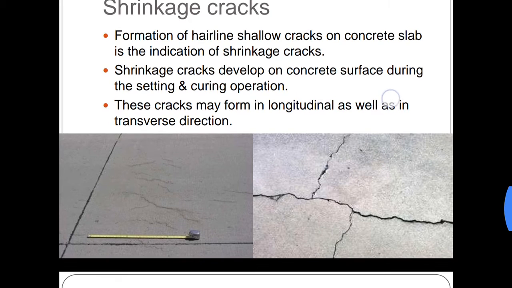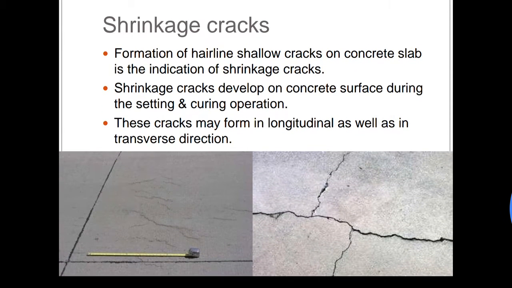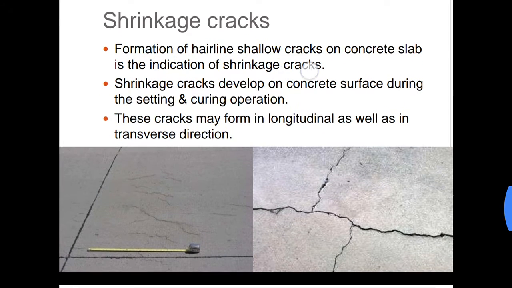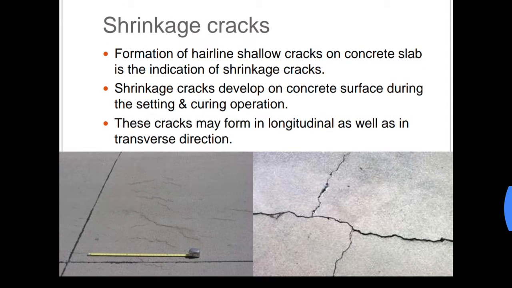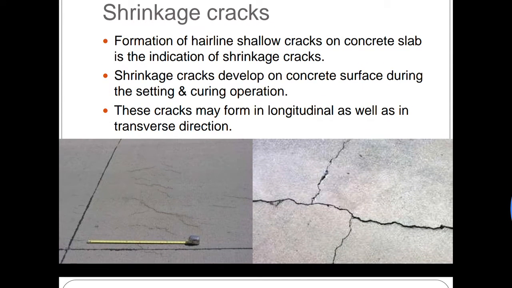Then we have shrinkage cracks. So what are shrinkage cracks? It is the formation of hairline shallow cracks on the concrete slab. So these here are shrinkage cracks which we can see on the surface of the rigid pavement or the concrete roads. Shrinkage cracks develop on concrete surface during the setting and curing operation.